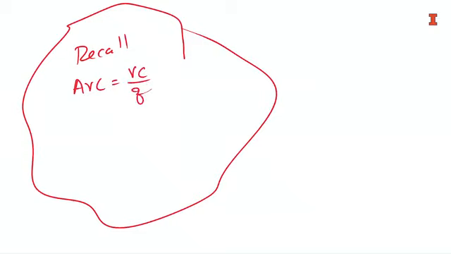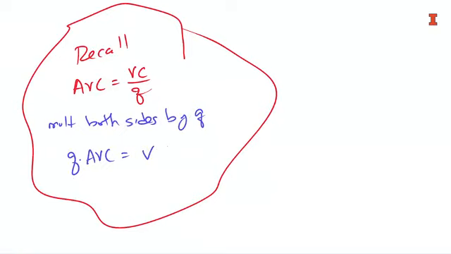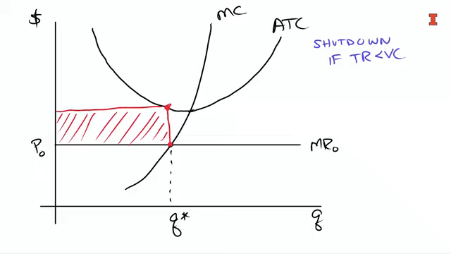If I multiply both sides by Q, I get quantity times average variable cost equals variable cost. So that's good. Remember this, because what it allows me to do is over here, I can now rewrite this as saying, well, the shutdown condition says that total revenue is less than variable cost. Total revenue is price times quantity.